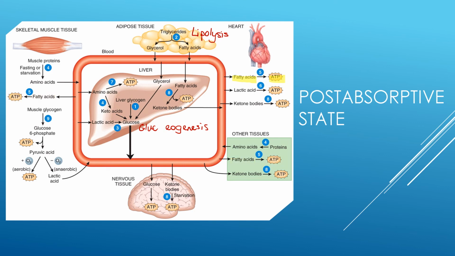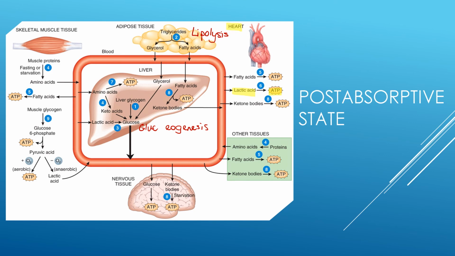Then, number 6 is going to be our oxidation of lactic acid. So cardiac muscle, on the top right for the heart, can actually produce ATP aerobically from lactic acid.